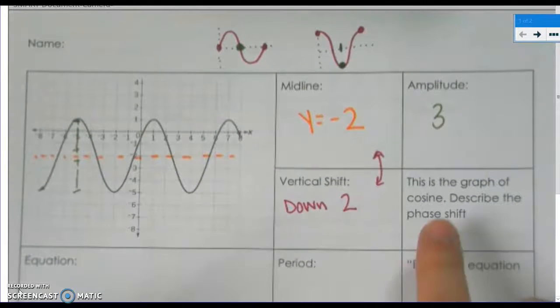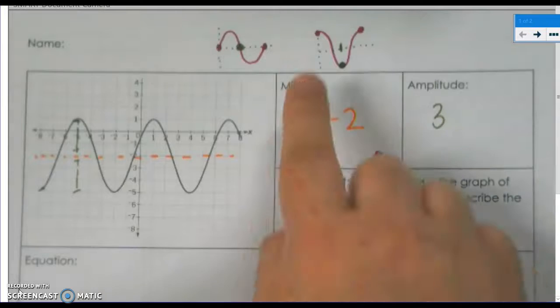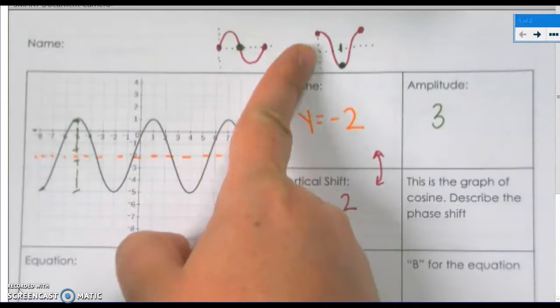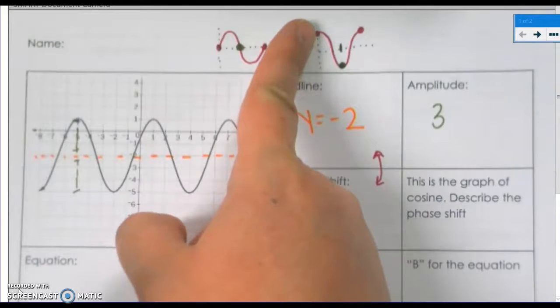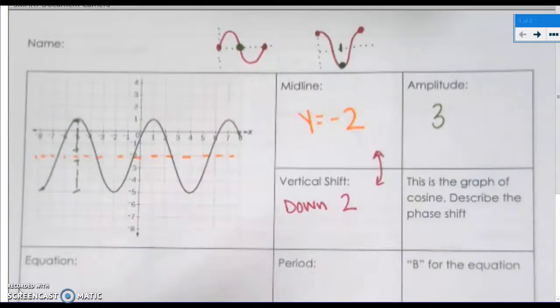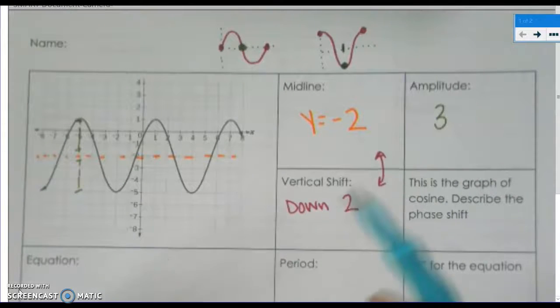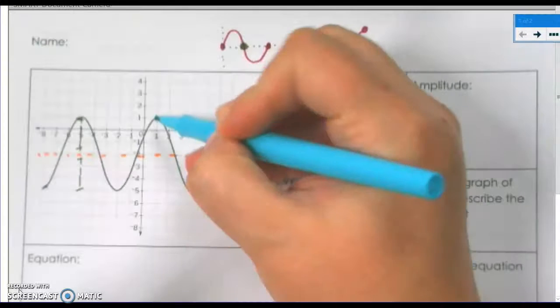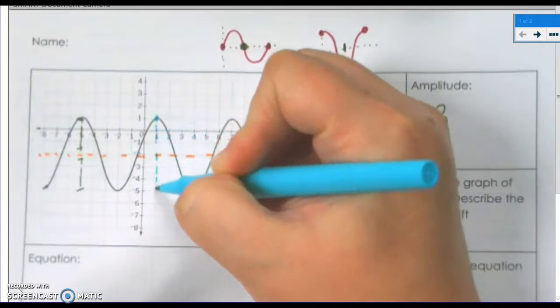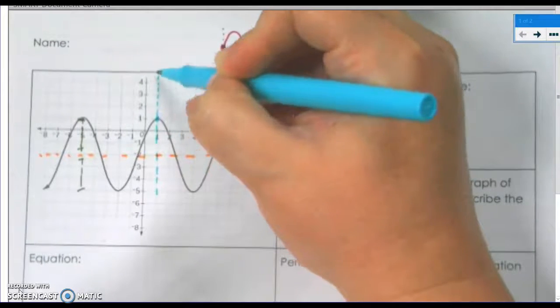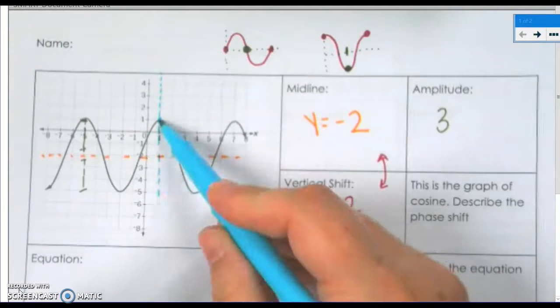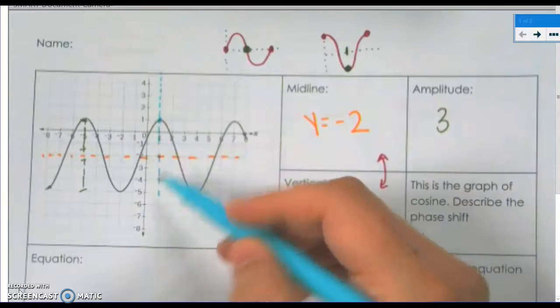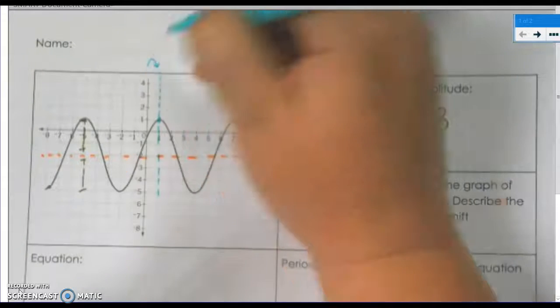All right, so I'm telling you that this is the graph of cosine. So I want a y-axis to be on a maximum point. The closest one to the y-axis right now is this one. So if I say that this is my new y-axis, that got shifted 1 unit to the right.